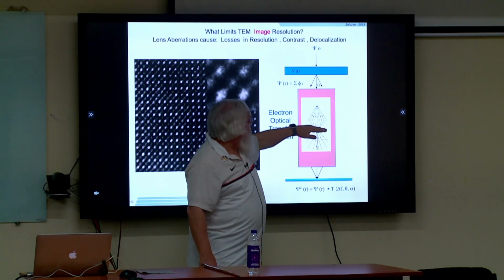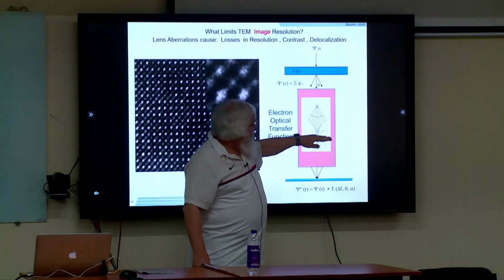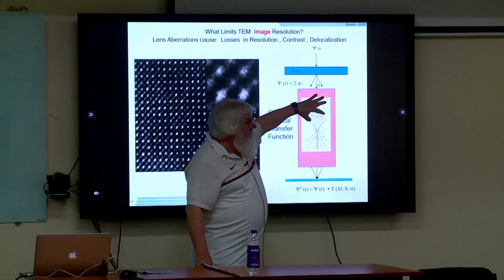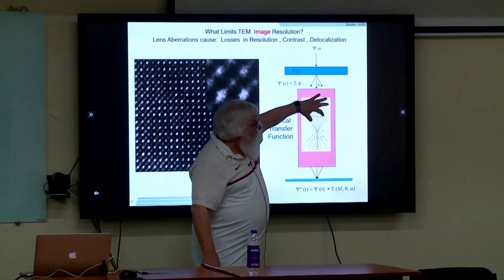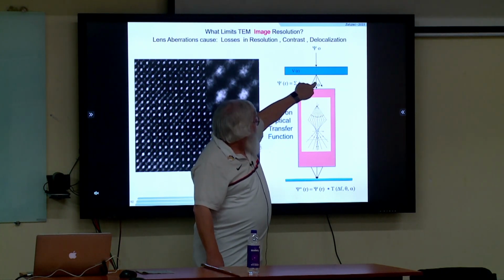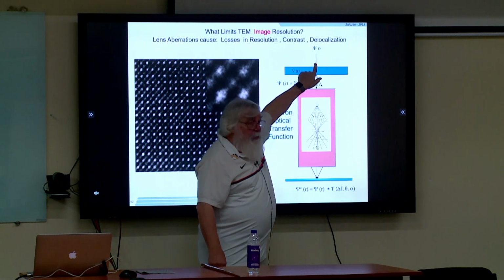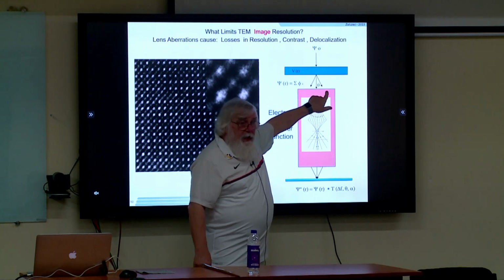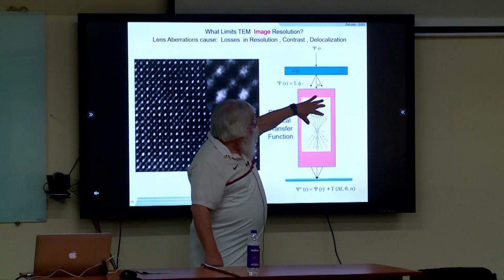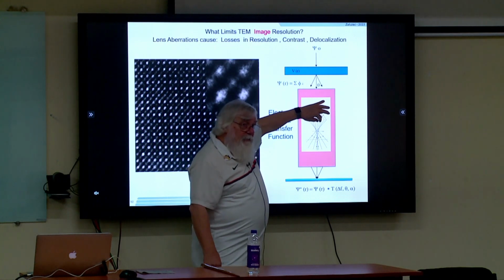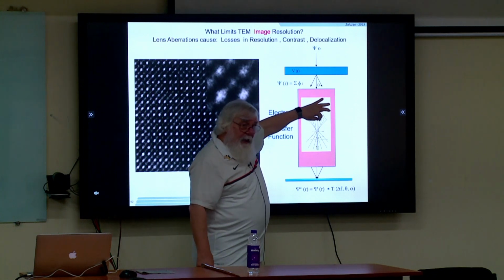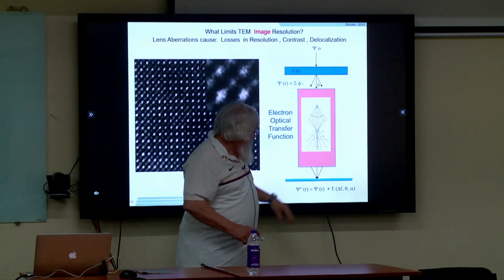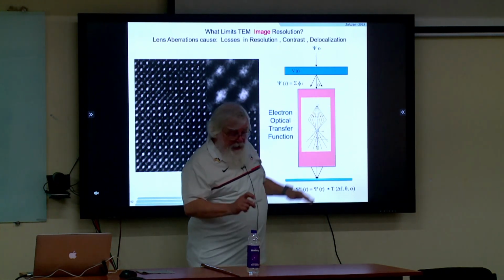This is supposed to be a series of lenses, okay? And just like in the probe forming system, where we have an angle-related aberration, we have an angle-related aberration not from the probe, but now from the electrons that are scattered through the sample. How do we minimize that? What do we have to do? We have to minimize the spherical aberration or the chromatic aberration, okay? So we got to minimize that.